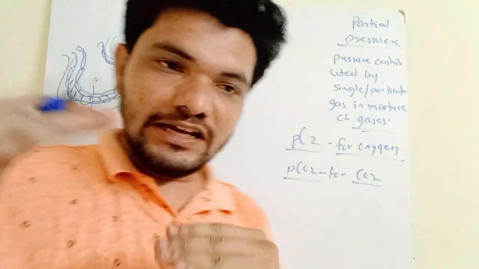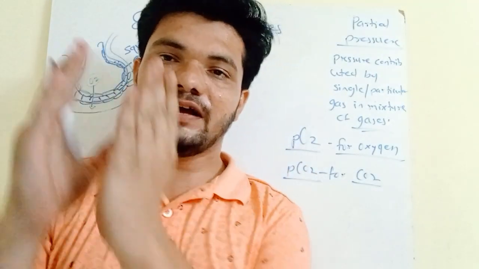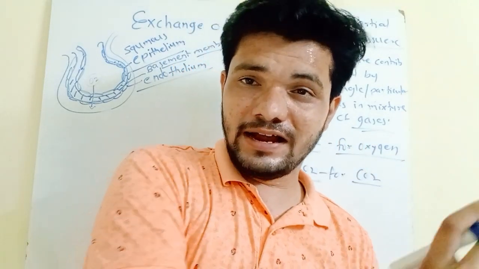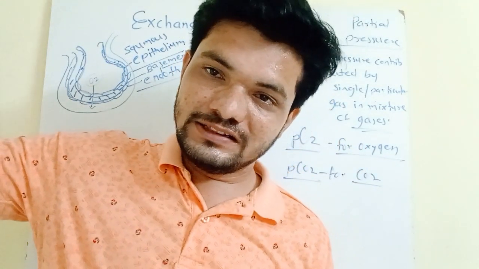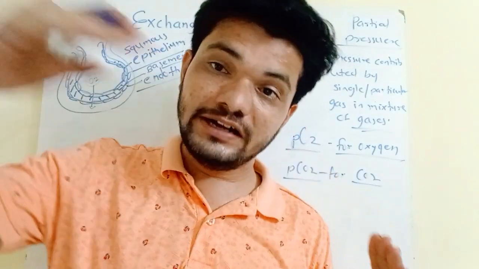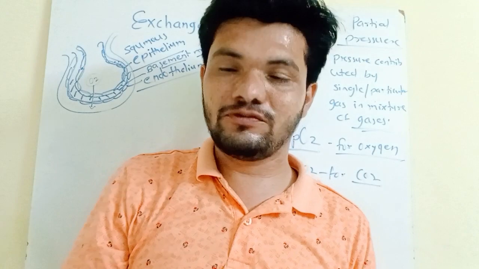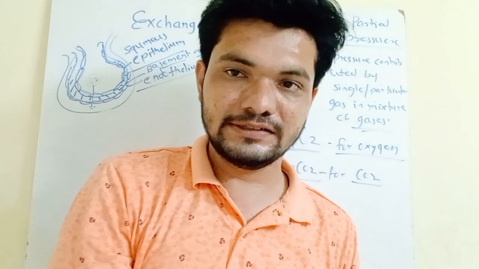So there is a pressure gradient between the atmosphere, the alveoli, the blood and the tissues. That's why oxygen diffuses along the concentration gradient, from high to low, like this.